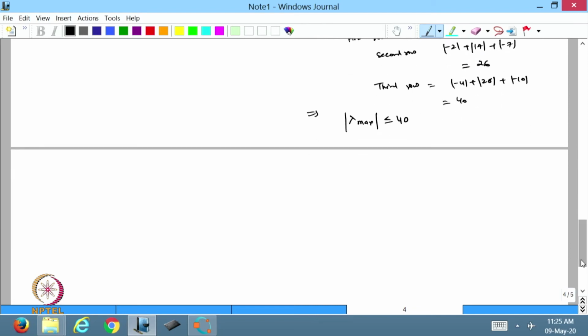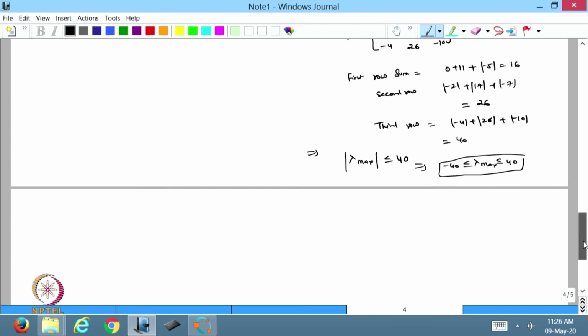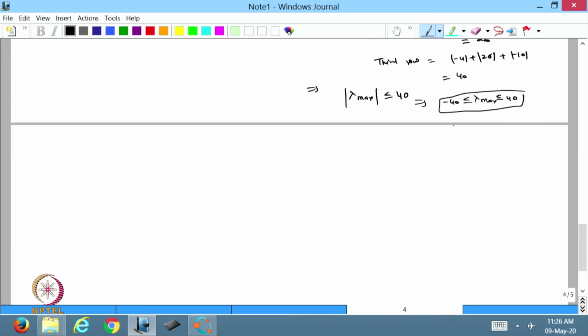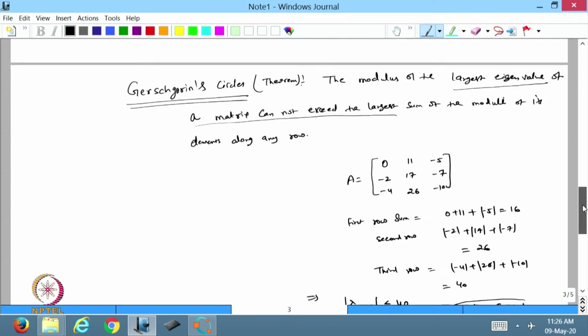You can even define the range from minus 40 up to 40. So, all the eigenvalues of this matrix lie between minus 40 and 40. That is the bound for lambda. This is the way we can find it.